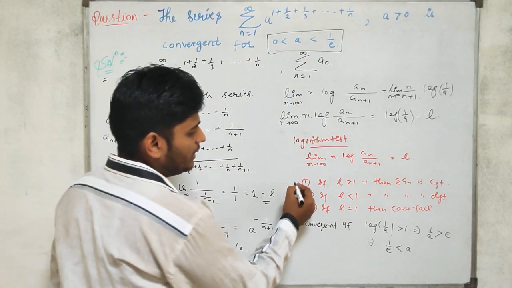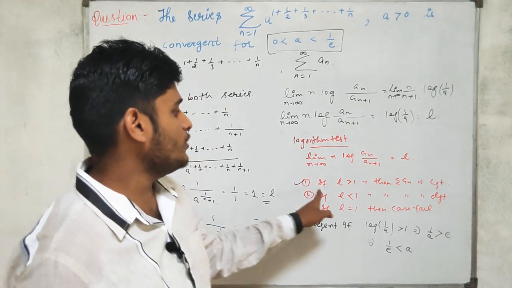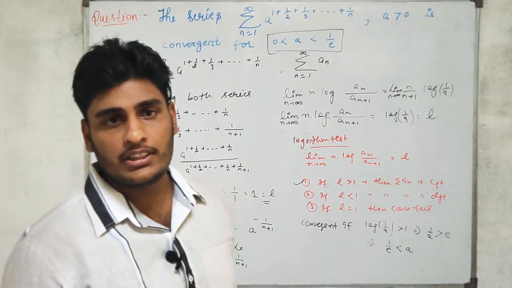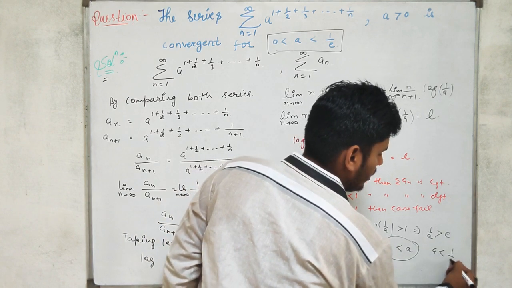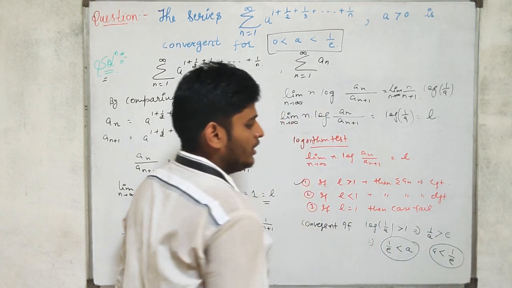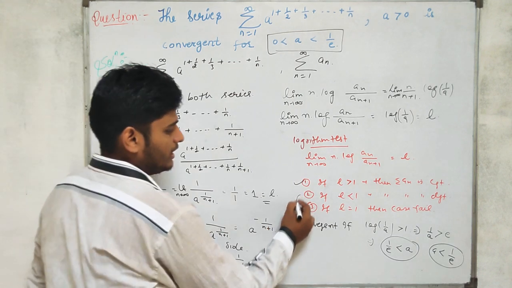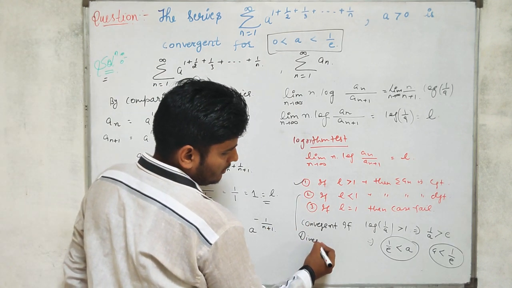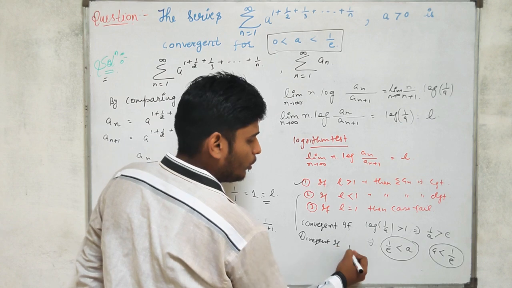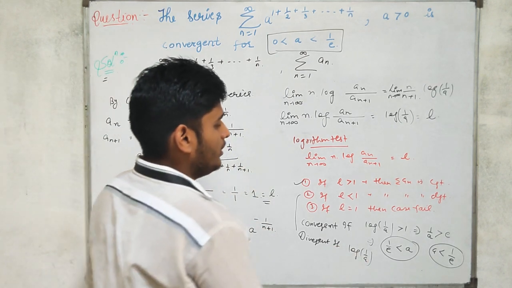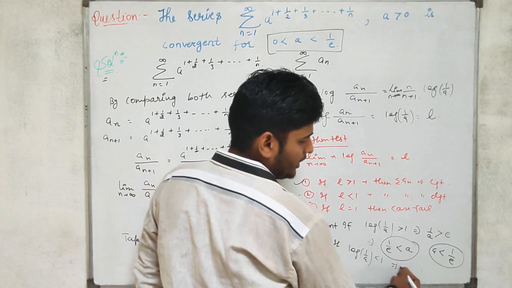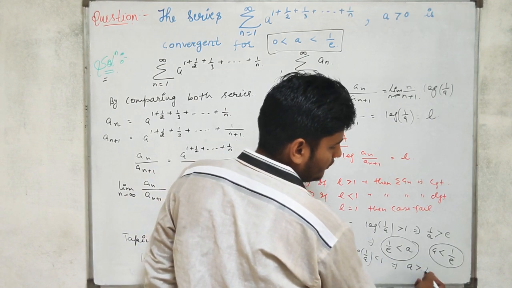By applying the first case, if L is greater than 1, then the series is convergent. So we conclude that a is less than 1 by e. Now taking the second case, divergent: if log of 1 by a is less than 1, we find that a is greater than 1 by e.